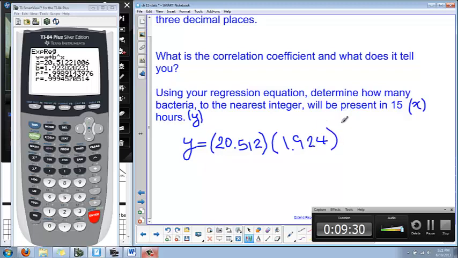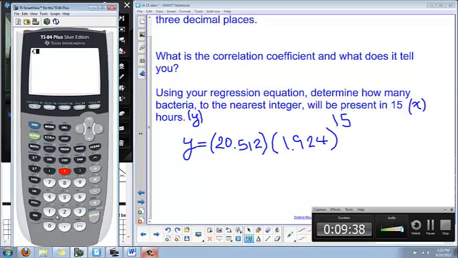And instead of writing x up here, I want to figure out what's going to happen at hour 15. And now that I have all that information, I can plug it into my calculator and let the calculator do the work for me. 20.512 times 1.924 raised to the 15th power. Hit enter.